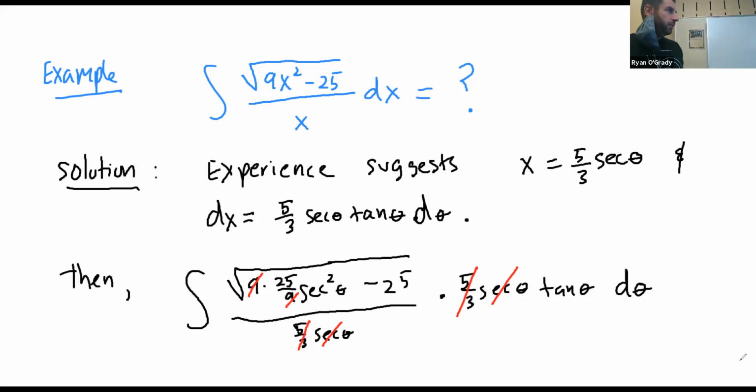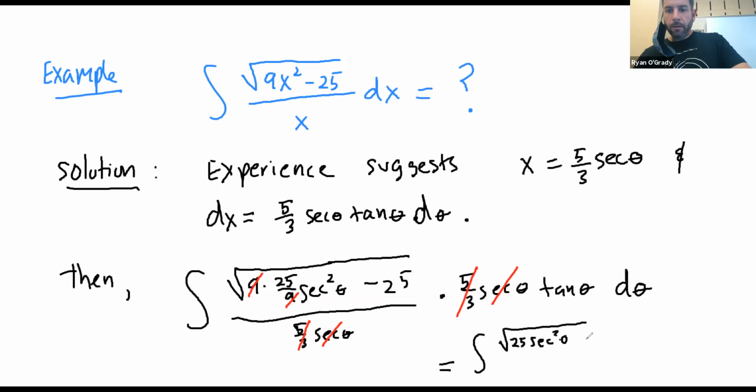Most people would say this looks like a debacle, but it turns out it's not going to be that bad. So why don't we just clean it up on this page before we go forward? This is the integral. Inside the radical, you're left with 25 secant squared theta minus 25. And then there's nothing downstairs anymore, so I don't need to divide by anything. And the only thing that's outside now is the tangent.